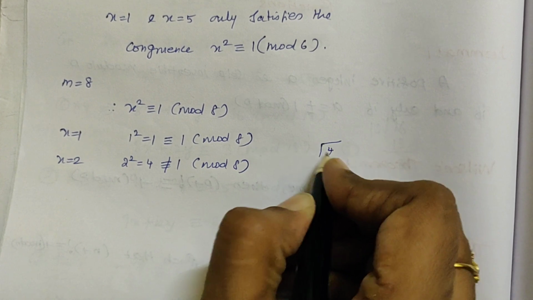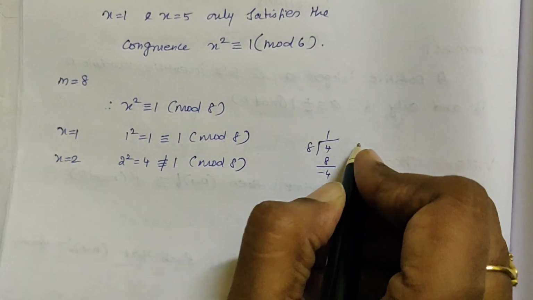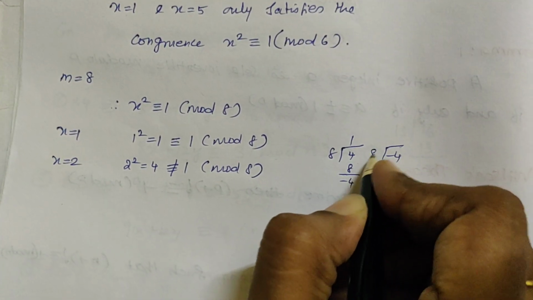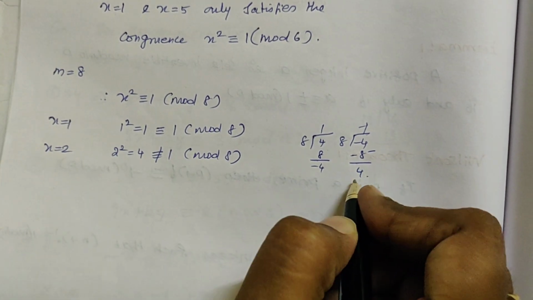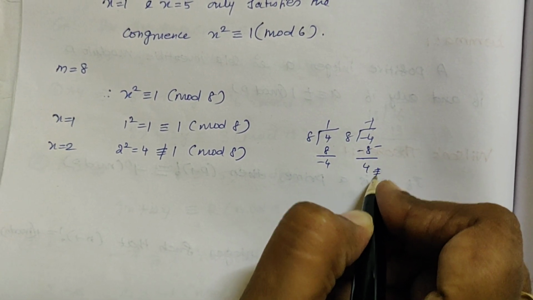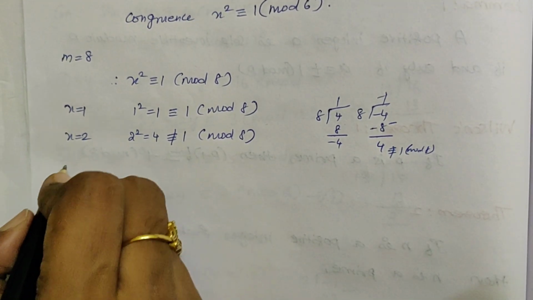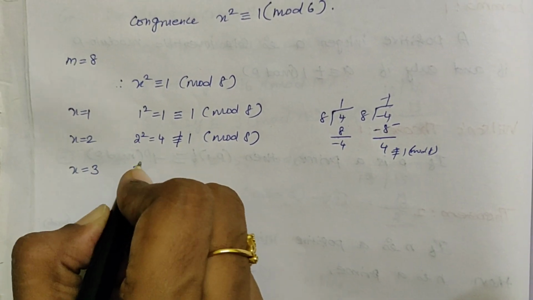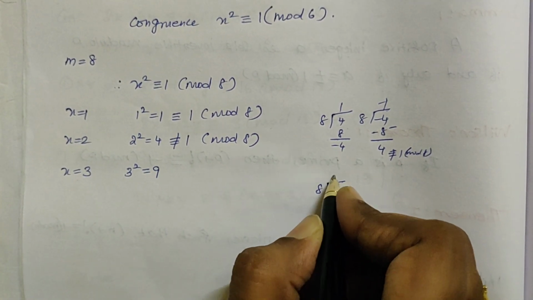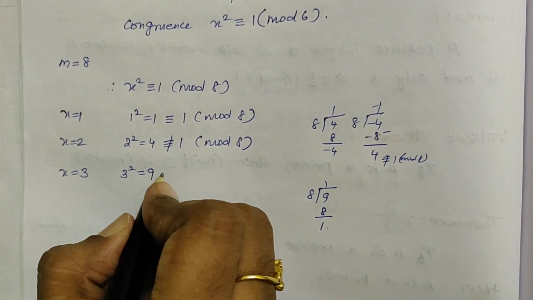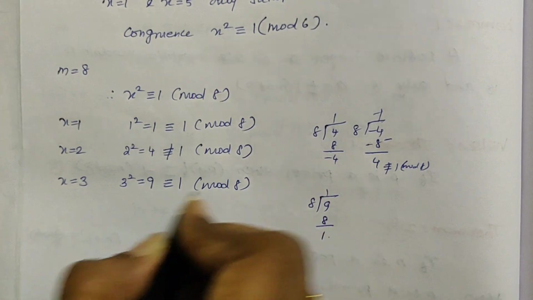That is, when you divide 4 by 8, you will get the remainder minus 4. Again, adjusting by 8, you will get the remainder plus 4, which is not congruent to 1 mod 8. Next, when x equal to 3, 3 squared is equal to 9. When you divide 9 by 8, you will get the remainder 1, which is congruent to 1 mod 8.